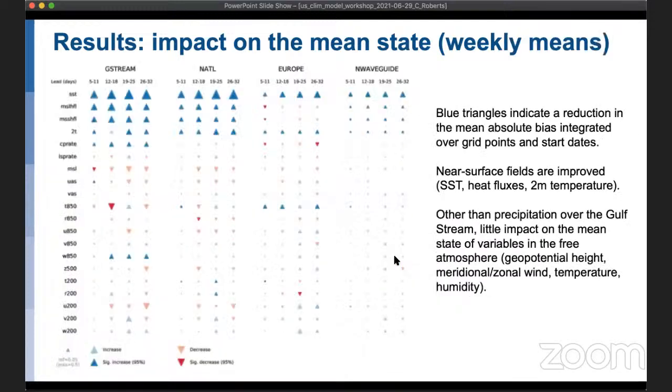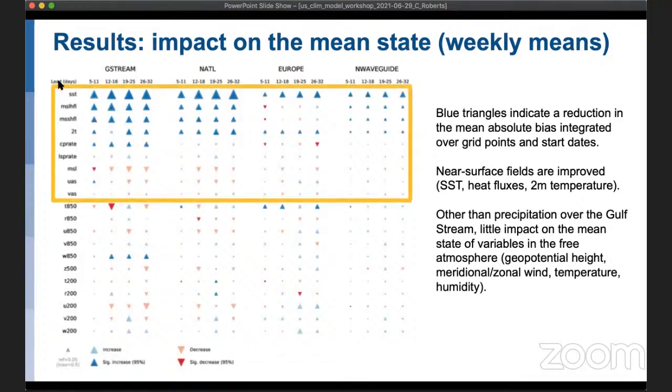This figure is a sort of summary scorecard showing the quantitative impact of this SST bias reduction on the mean state for a range of different variables as a function of lead time and region. The blue triangles indicate that there's a reduction in the mean absolute bias integrated over grid points and start dates.